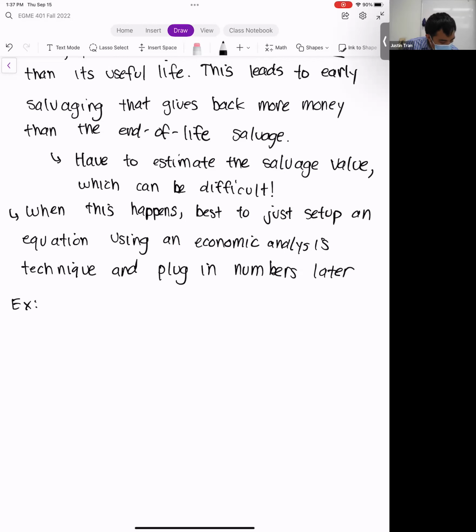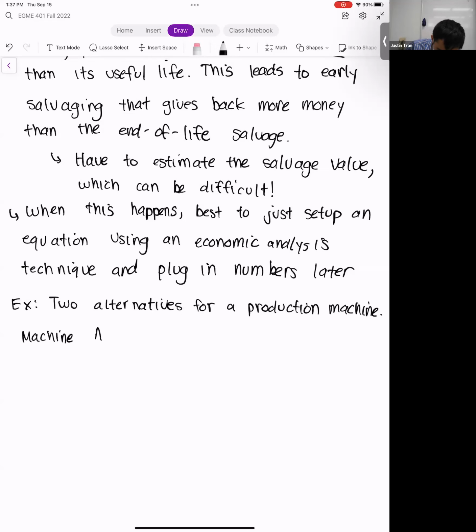All right, so let's consider two alternatives. And these alternatives are for a production machine. So this is for some manufacturing company that produces some kind of product. Okay. All right, so we have two alternatives, and so we'll call it machine A. So let's say machine A has a useful life of 7 years.